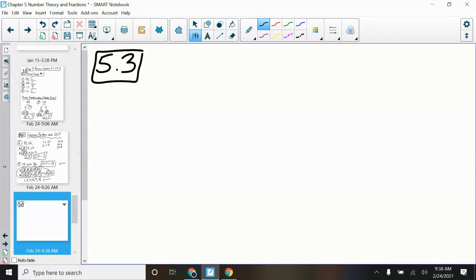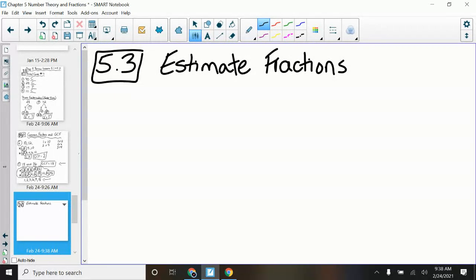So, the first thing in lesson 5-3 that we really learned to do was estimate fractions, okay? And it was asking you to estimate and tell if the fraction was closest to 0, 1/2, or 1.